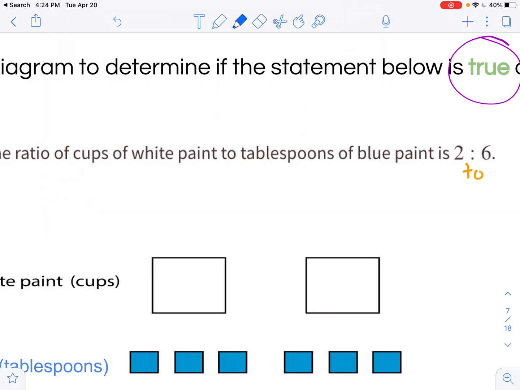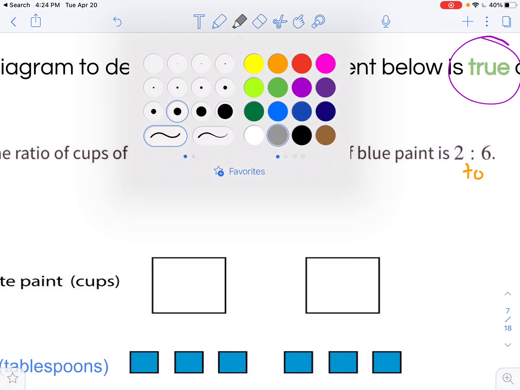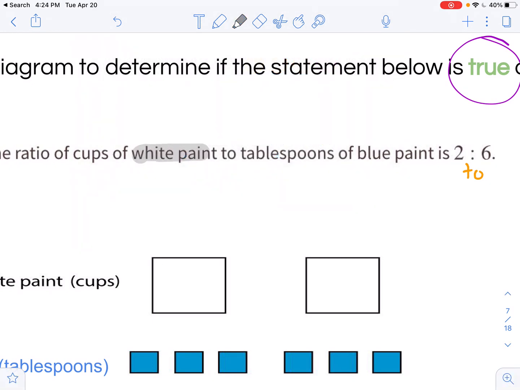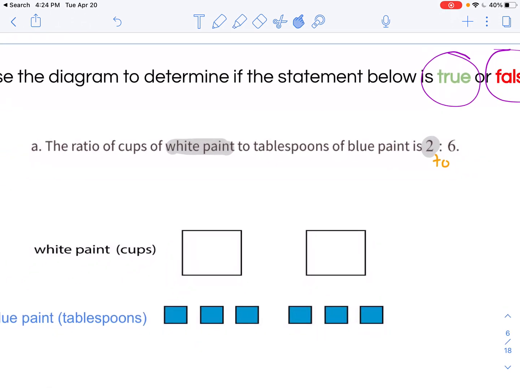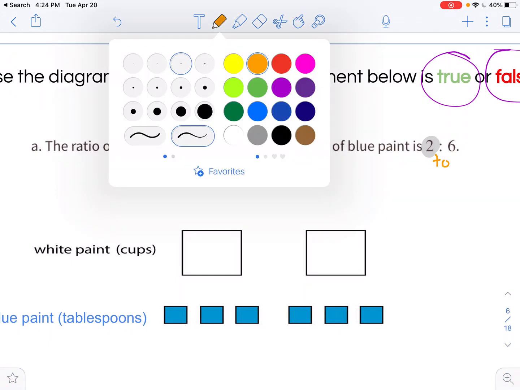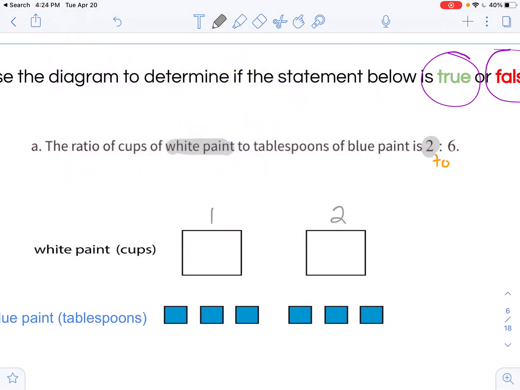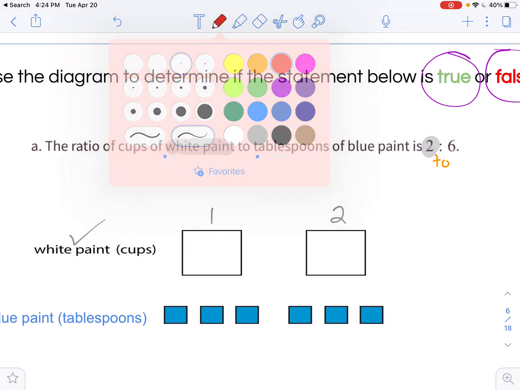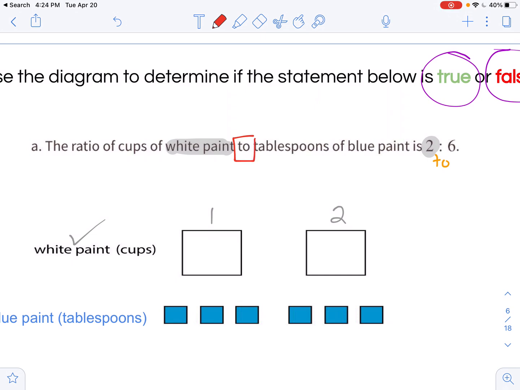Okay, so the first thing that's mentioned is the white paint, and the first number that's mentioned is 2. So I'm going to look down at the white paint and say check. There are 1, 2, so check. So far, this is correct. Now I'm going to put a red box around this 2 and the colon.